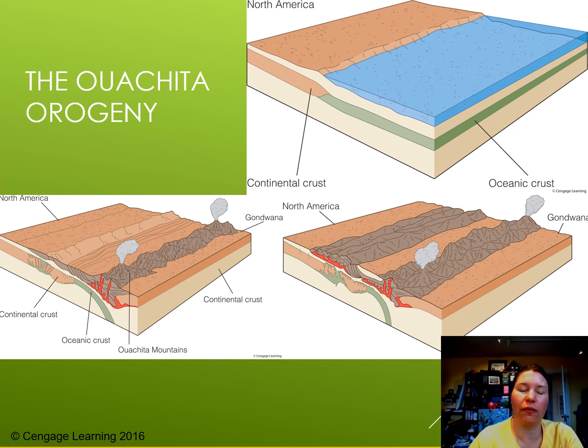For the Ouachita orogeny, headed east now, so going into Arkansas. First of all, we have some deposition, so this is our depositional environment where we have a shallow sea forming some sedimentary rock here. Then we start to get a continental collision between North America, which is this body of rock, and Gondwana, this body of rock.